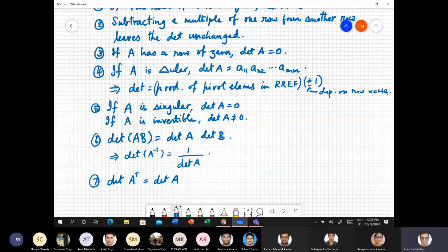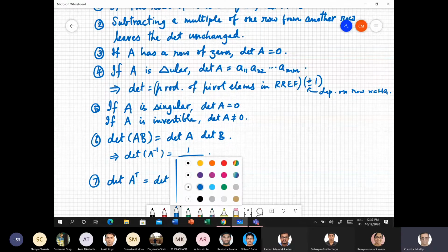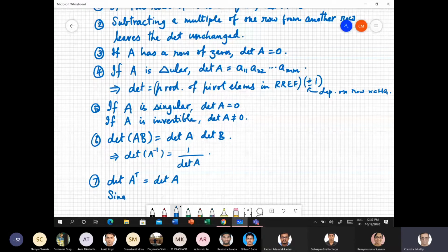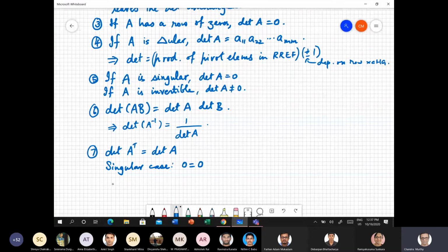So it is clearly true for the case of singular matrices. A is singular if and only if A transpose is singular or rank deficient. So we'll consider the non-singular case.